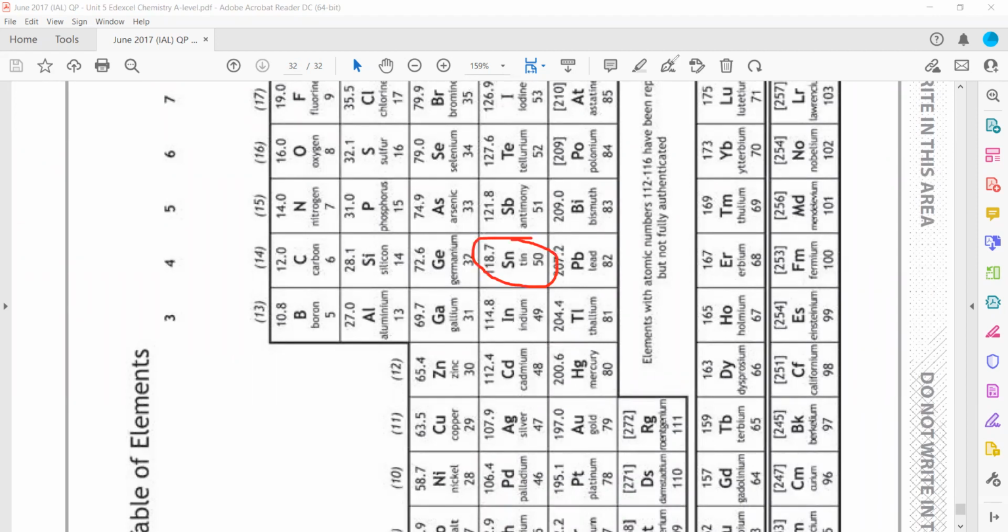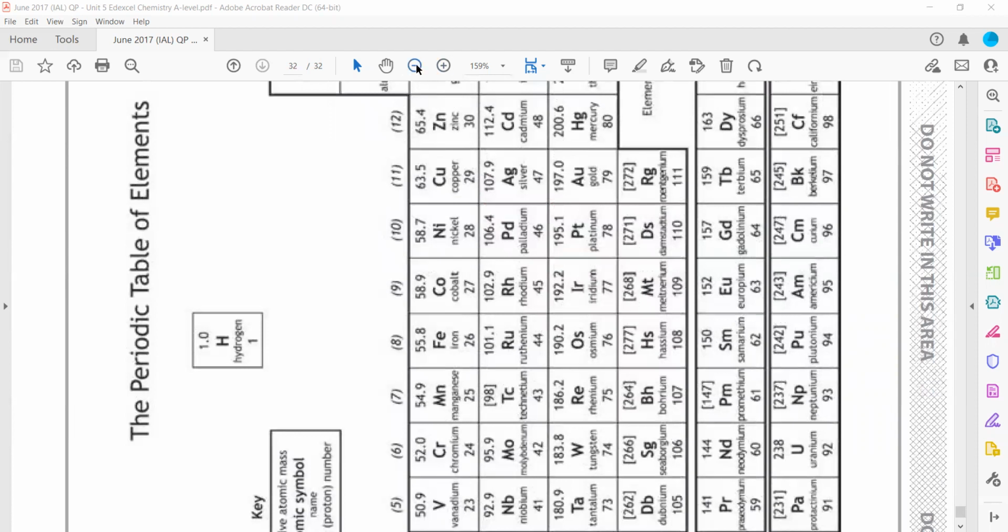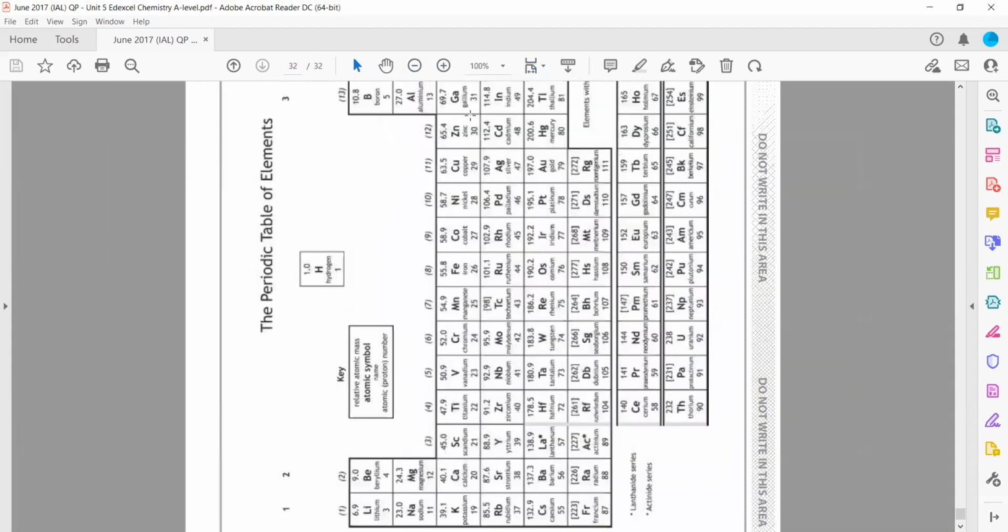It is in group 4, because to be a transition element, it should be in this region, either a D block element or F block element. So elements within this region are the transition elements. Even the lanthanide and actinide series are also called transition elements. They are called outer transition elements. But tin, why tin, B is not the right one.